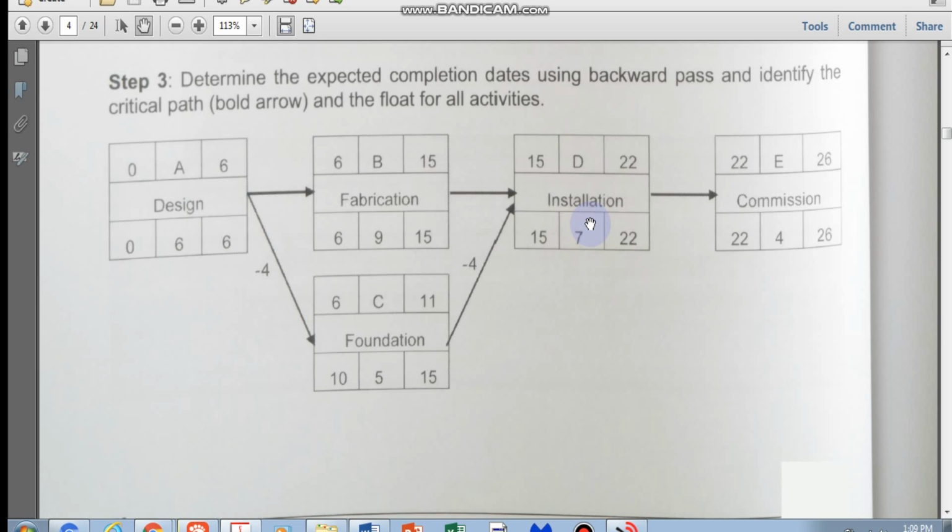If you know for sure that a particular activity can be delayed for a certain amount of time, you could pull away some of the resources for that time that is available on the free float, so that those resources can go somewhere else and work. You can arrange for them to go to other activities in the same project or in other projects, to make full use of those resources.